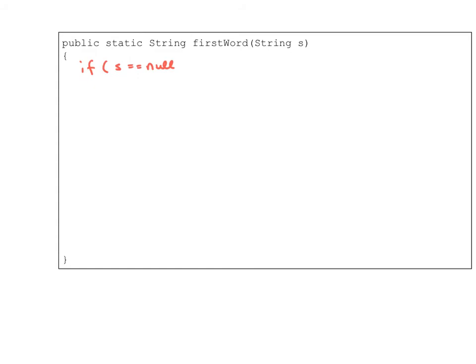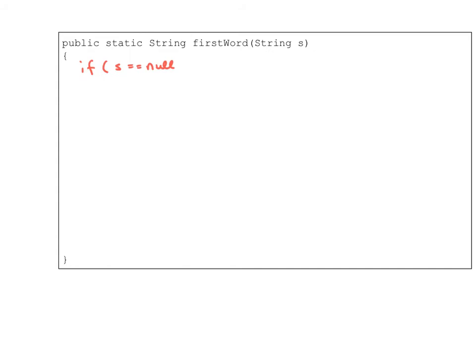We don't have to do s.equals(null), because equals is a method of the String class, and because we don't even have a string that exists yet, we can't call that method on s. So we have to just say if s equals null.